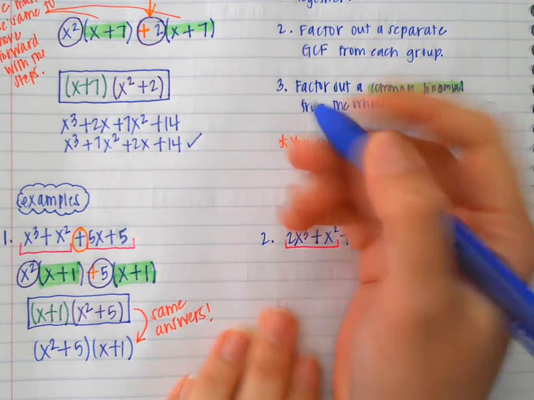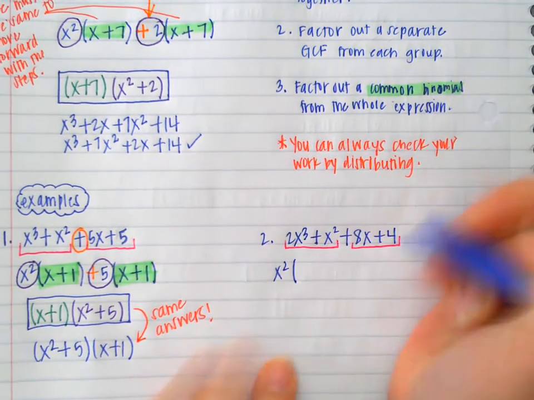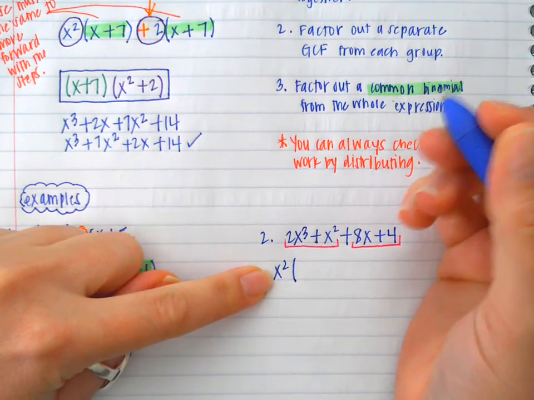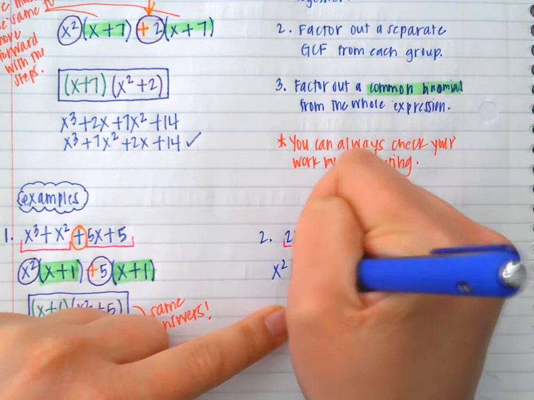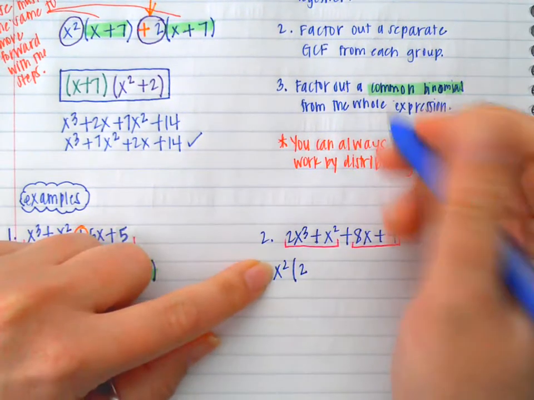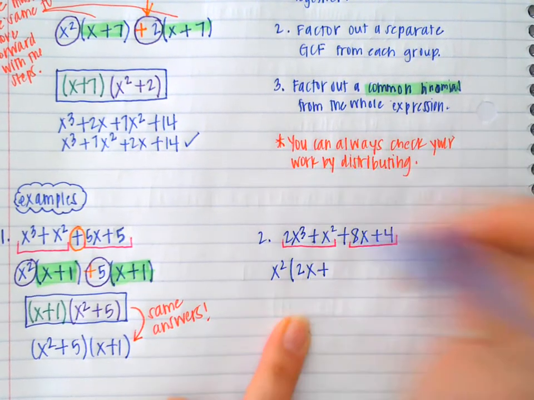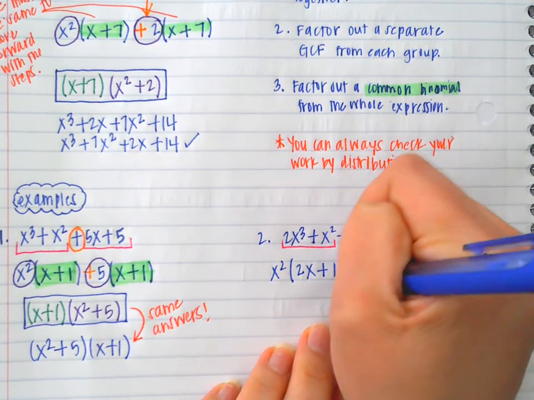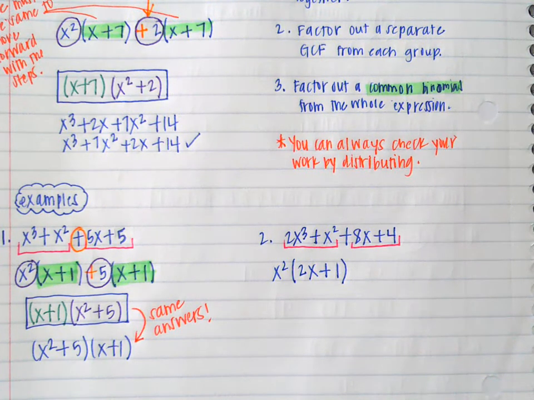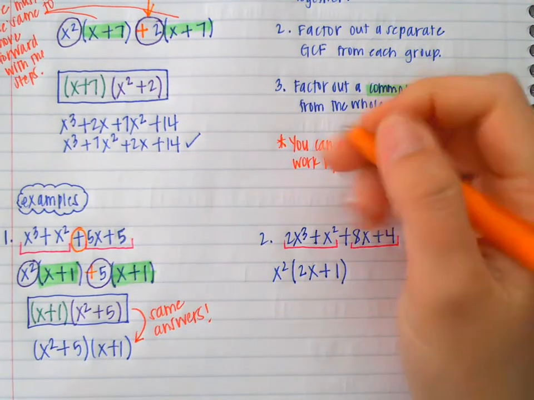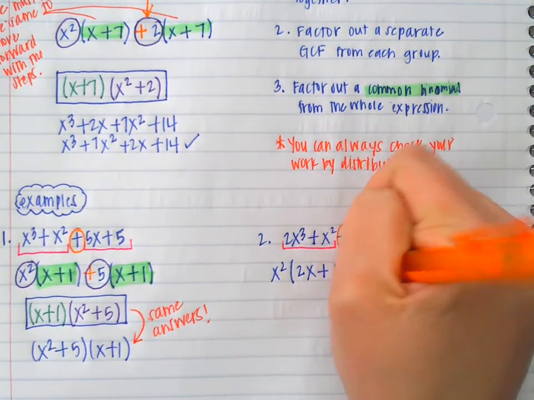X squared is the smaller. So 2x cubed divided by x squared, the 2 just stays there, and x cubed divided by x squared is just x. Then x squared divided by x squared is 1. Then we always bring down our sign, so we bring down the plus.